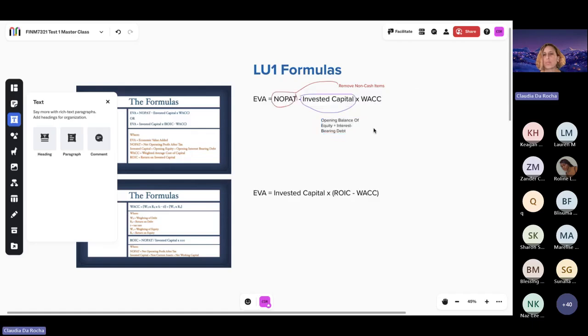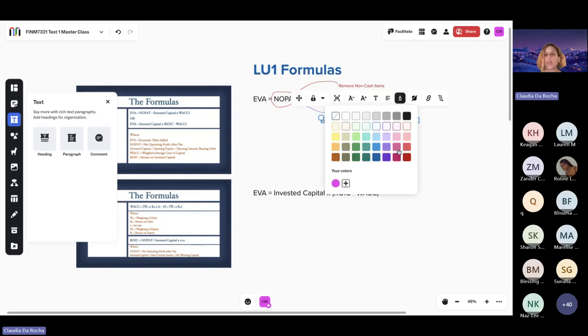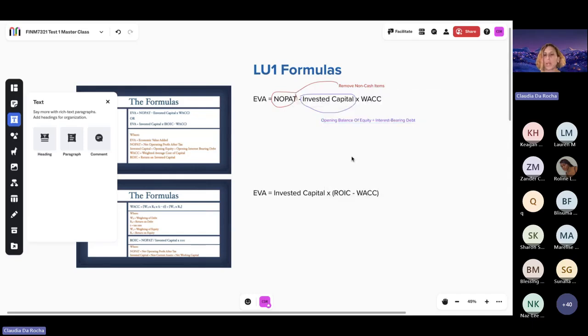And when we say interest-bearing debt, we are talking about non-current and current interest-bearing debt. So don't think it's just the long-term one, it's both of them. And the key thing is also that it is the opening balance.